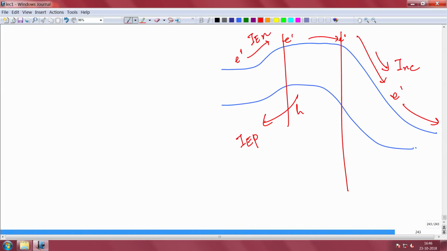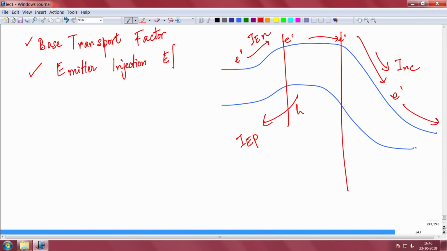So there are a few things we define. One is called the base transport factor, one is called the emitter injection efficiency. These are some of the terms we will define, okay.